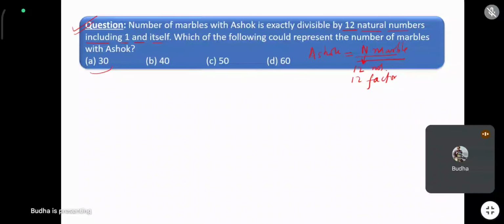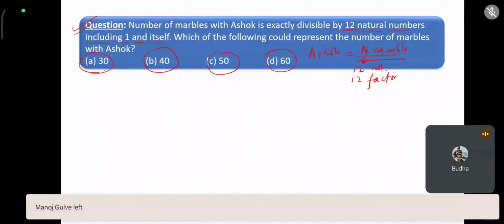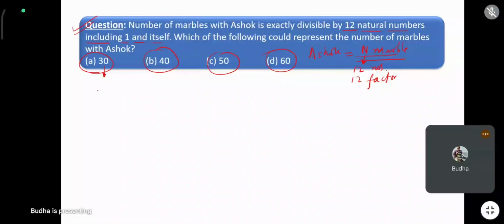So which of the following could represent the number of marbles? We have just tried these numbers. How many factors did we get for 30, if you remember? 8. Yes, 8. For 40 also 8. What about 50?